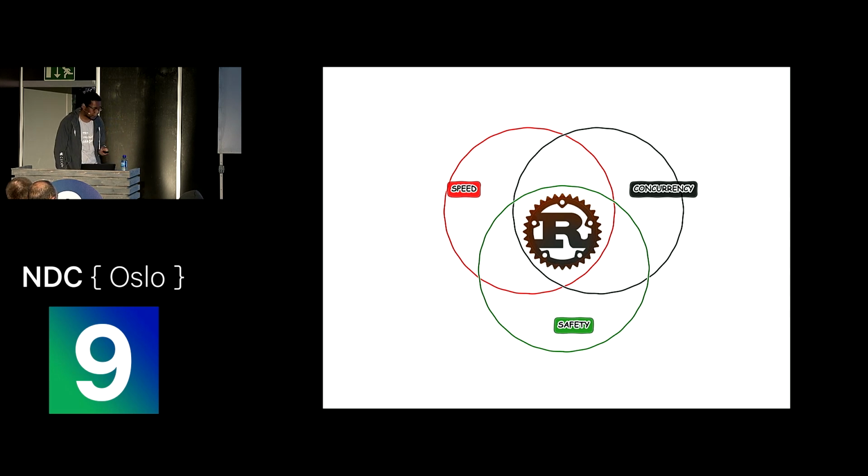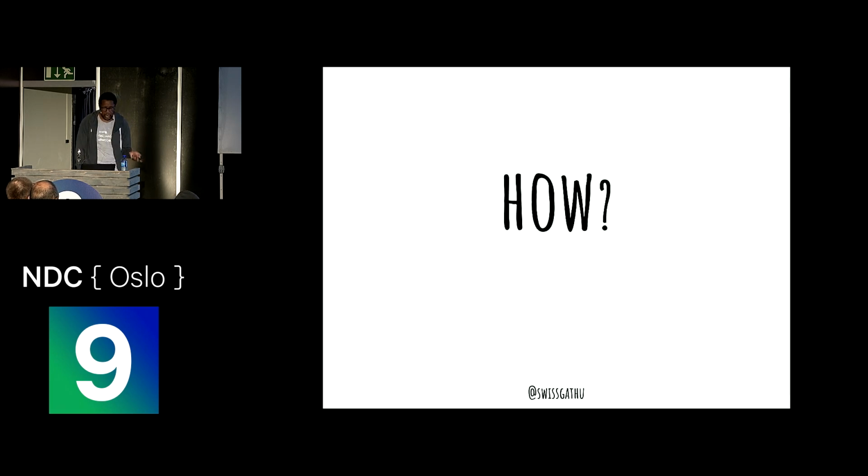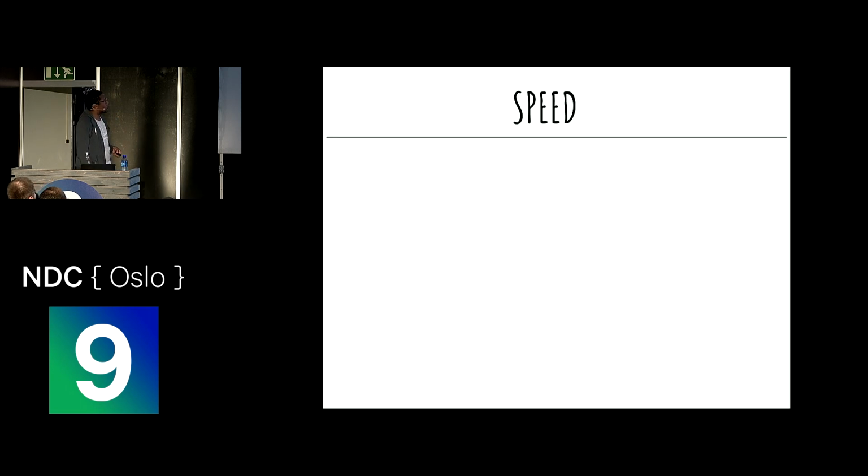So we're going to look at how Rust achieves the three things. First, we're going to look at speed. There are several things that Rust does to be fast. There are a lot of benchmarks comparing Rust and C or C++. I'm not going to show any benchmarks here, but you can find a lot of them online.